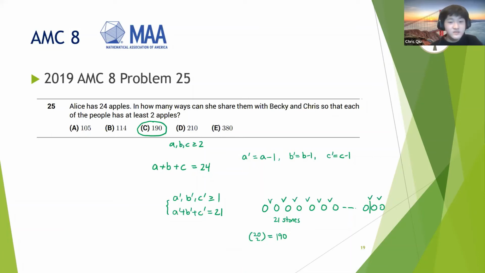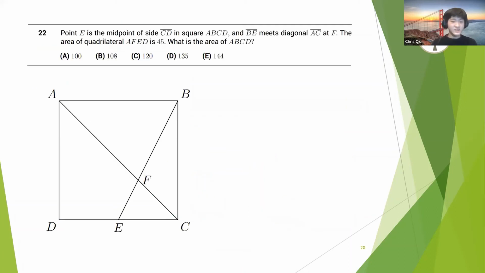All right. So next up, we have the 2018 AMC 8. So in problem 22, we have a square ABCD and also a midpoint of side CD, which is E, and also the intersection of BE and AC, which is F. We're told that the area of quadrilateral AFED is 45, and we are asked to find the area of ABCD.